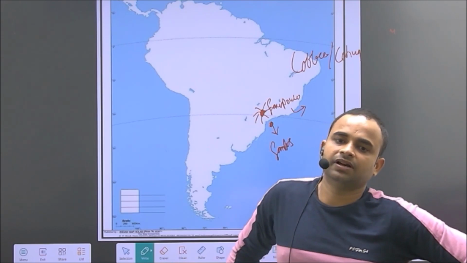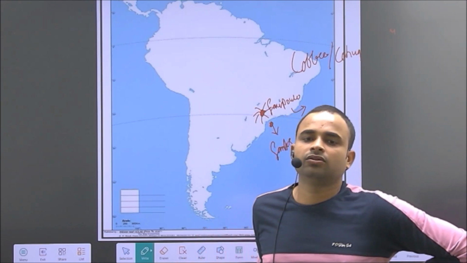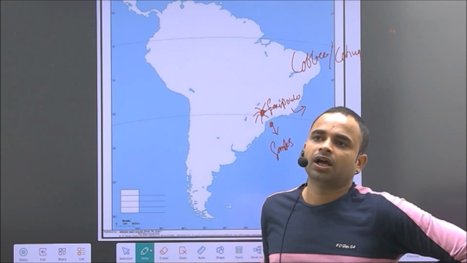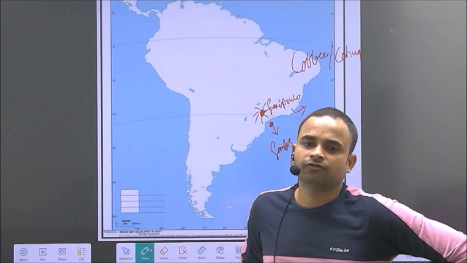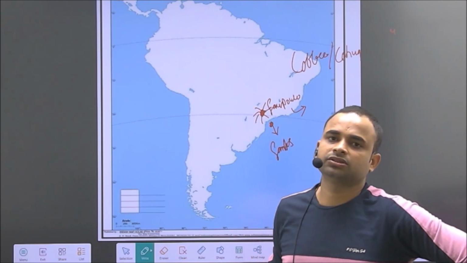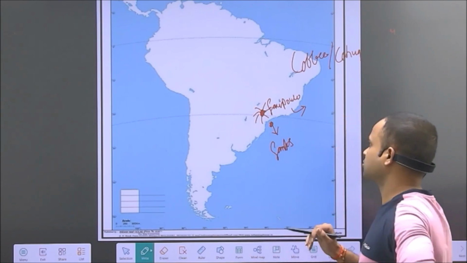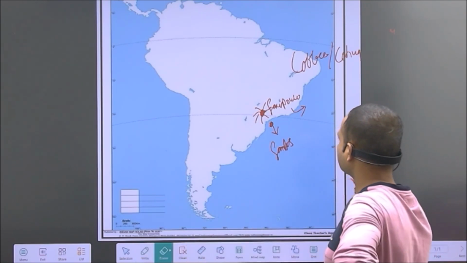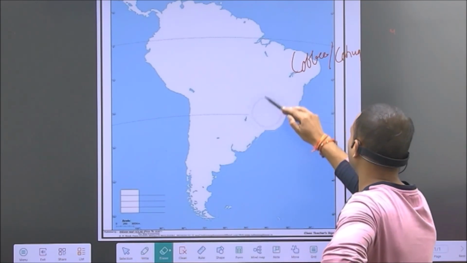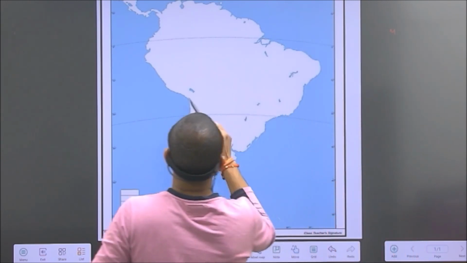It was developed due to high load in Sao Paulo, and to reduce the load in Sao Paulo, Santos seaport was developed. So this is all about Sao Paulo and Santos. Now we will discuss the Amazon River.